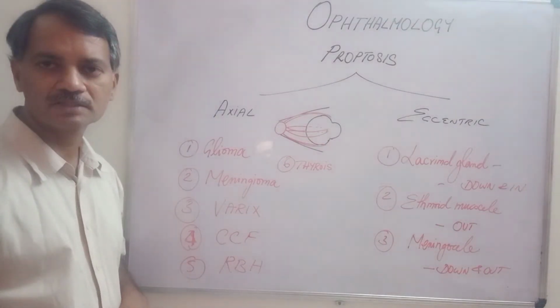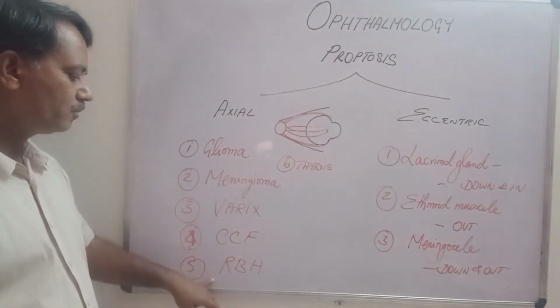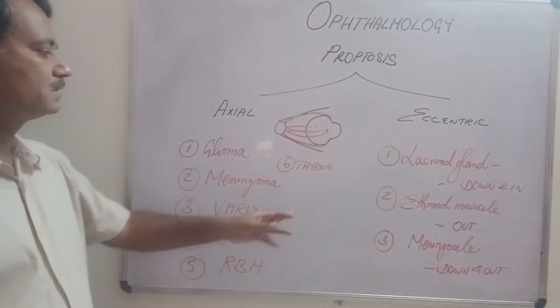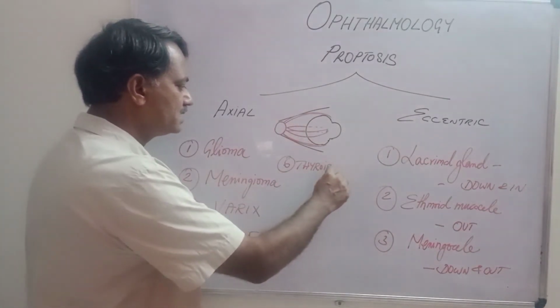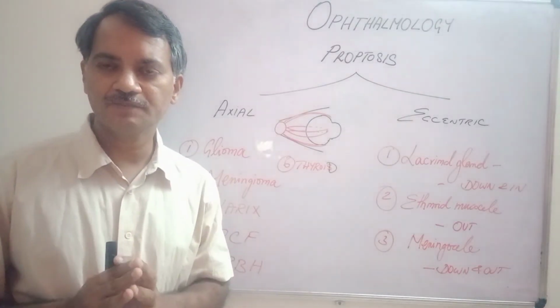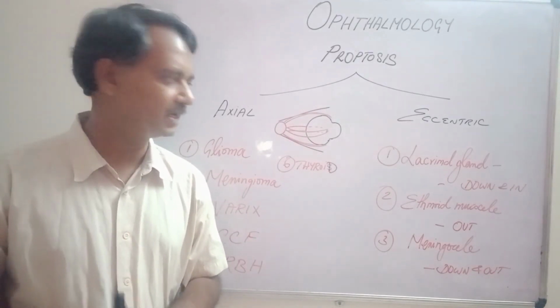Carotico-cavernous fistulas can also lead to axial proptosis. Retrobulbar hemorrhages can lead to axial proptosis. Thyroid diseases can lead to axial proptosis because it causes inflammation of all the structures inside the orbit.